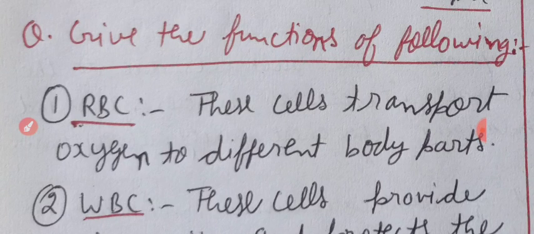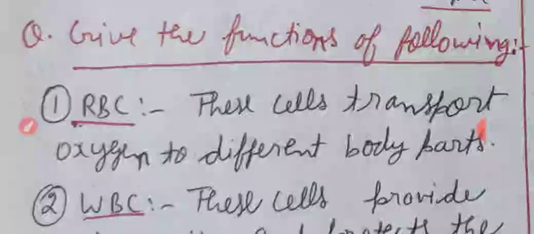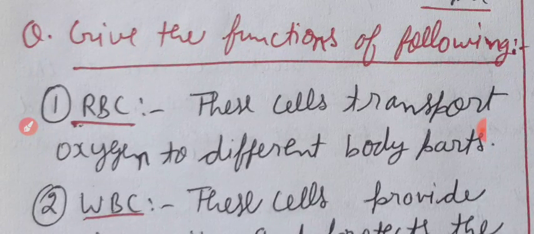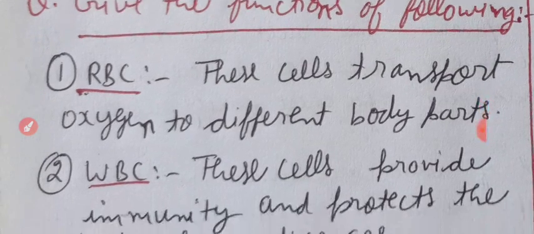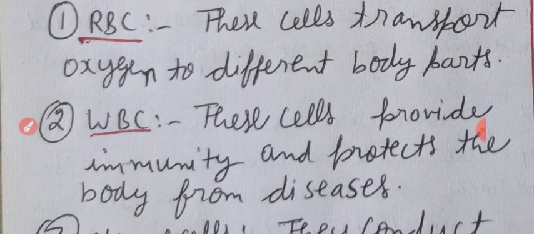RBC, these cells transport oxygen to different body parts. Clear? Second, WBC, these cells provide immunity and protect the body from diseases.